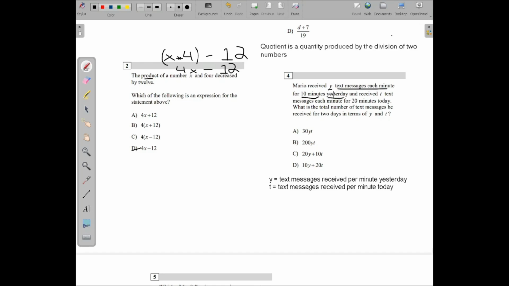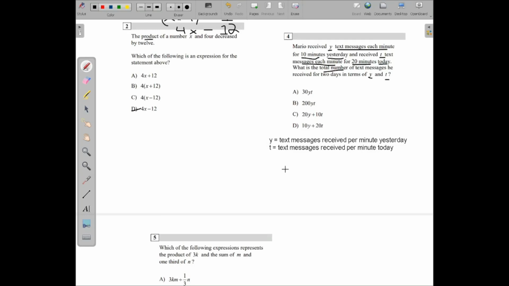Y stands for yesterday. And then he receives another day a T amount of text messages each minute for 20 minutes today. T stands for today. So we have two variables and we need to find the total number of text messages he received in the 2 days, in terms of y and t.